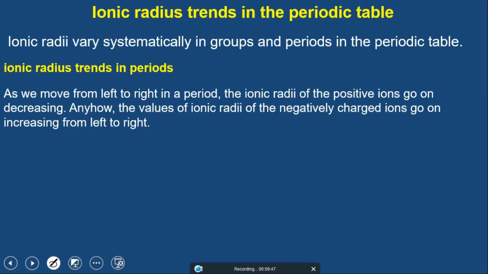Ionic radius trend in the periodic table, the same thing we discussed. Ionic radius varies systematically in groups and periods. In a period, when we move from left to right, the ionic radii of positive ions go on decreasing, because the nuclear charge is increasing and this attracts the electrons with more force.